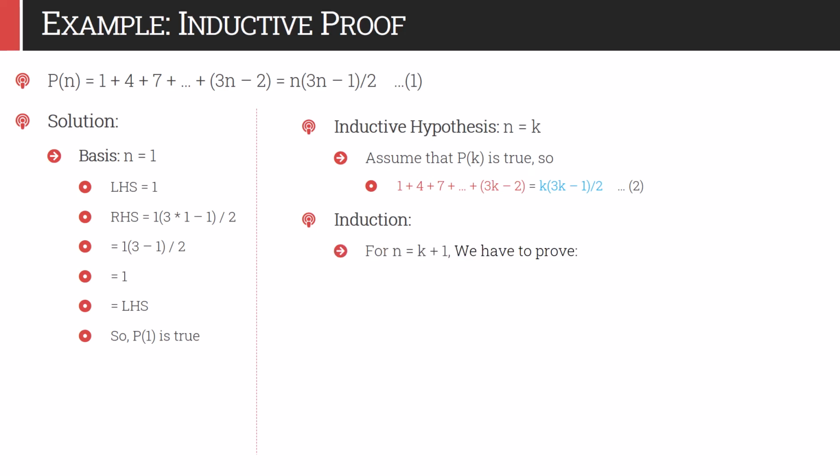Now in the induction step, we have to prove that it is true for n equal to k plus 1 as well. So replace n by k plus 1. That means we go into this series up to k plus 1 steps. So we write 1 + 4 + 7 + ... up to the kth term 3k - 2, plus the (k+1)th term, which is 3(k+1) - 2, is equal to, on right hand side, (k+1)(3(k+1) - 1)/2. Call it equation 3.